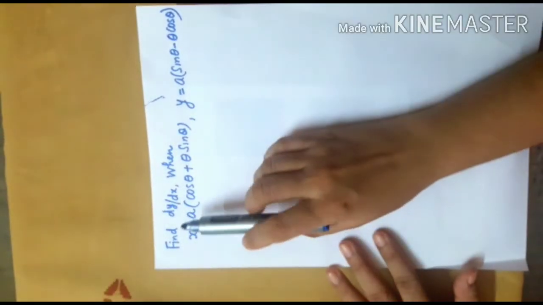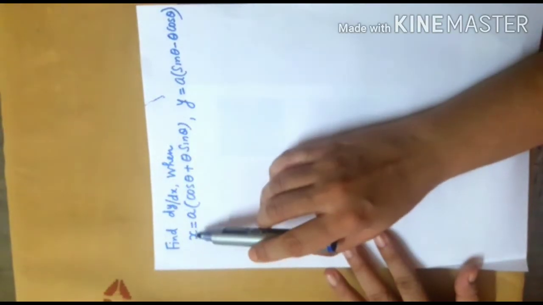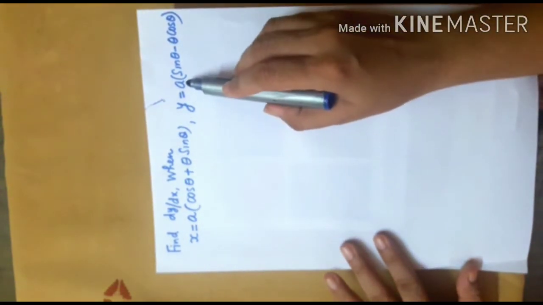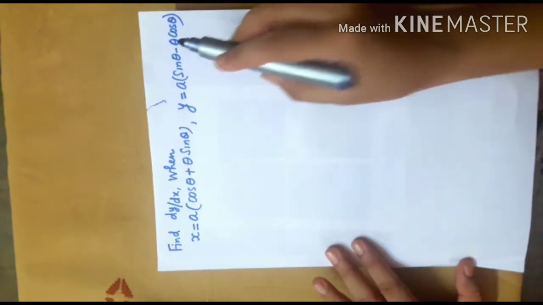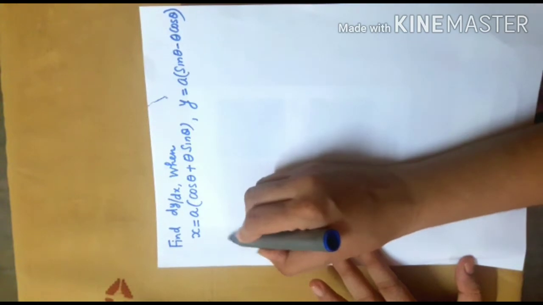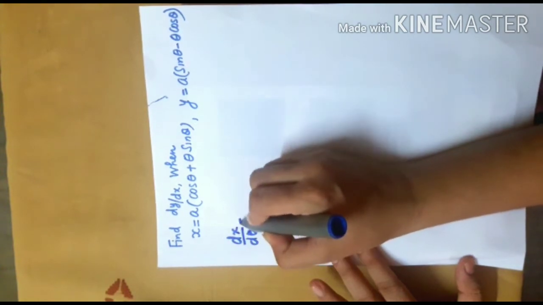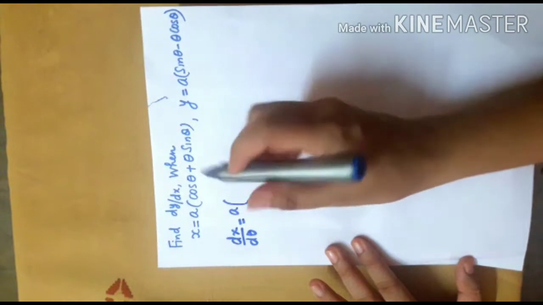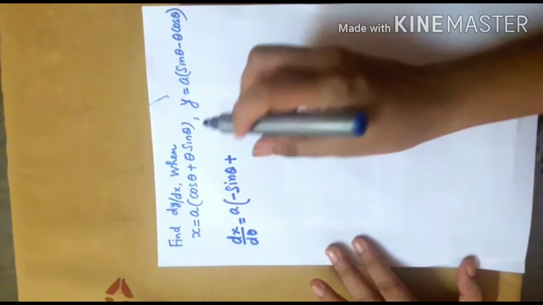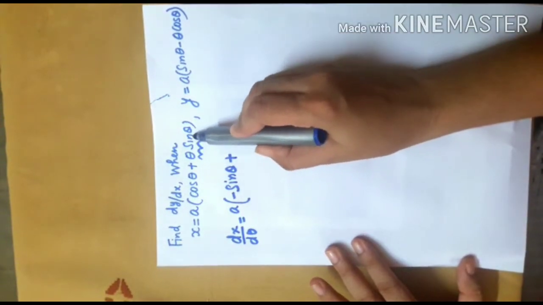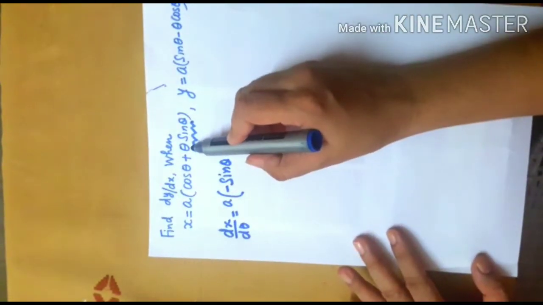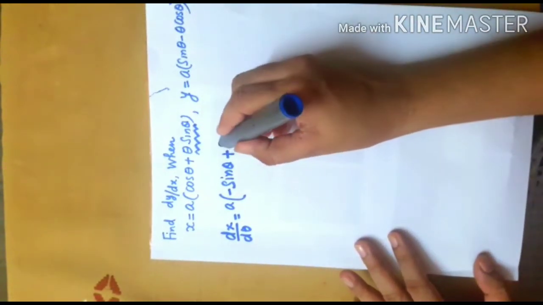Let's take another example. Find dy by dx when x is equal to a(cos theta plus theta sin theta) and y equals a(sin theta minus theta cos theta). So here theta is the parameter. So I'll first find dx by d theta. a is a constant. Derivative of cos theta is minus sin theta, plus. Now I need to find the derivative of theta sin theta. I'll be applying the product rule.